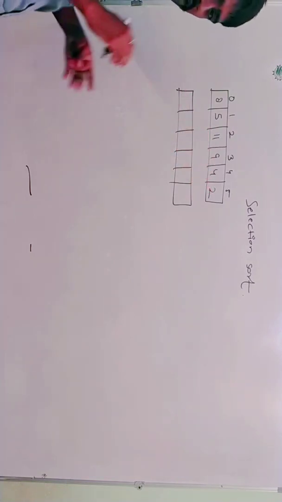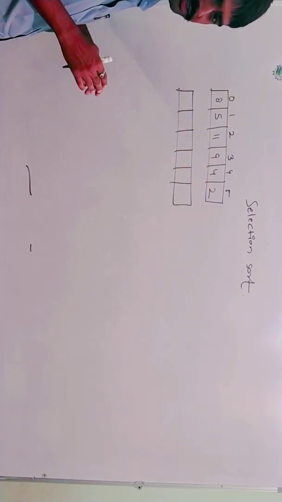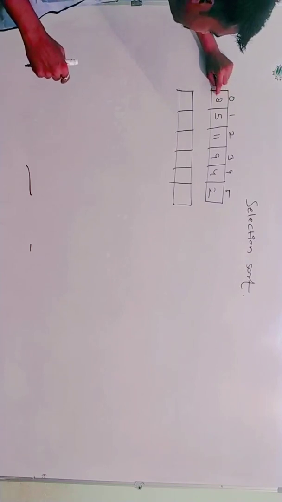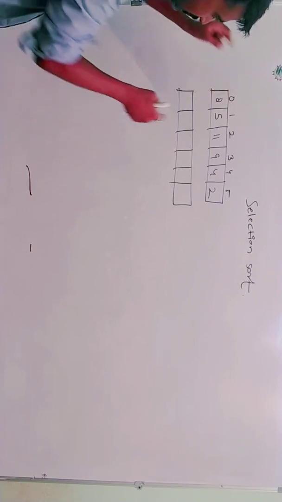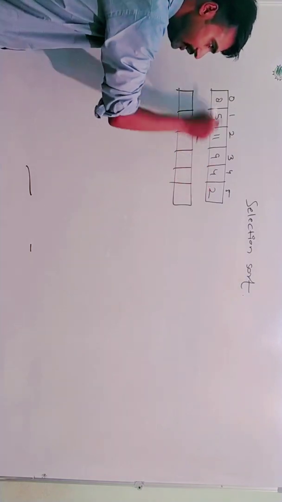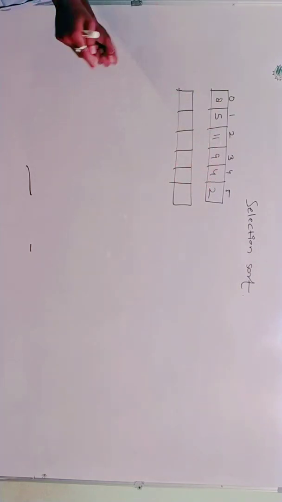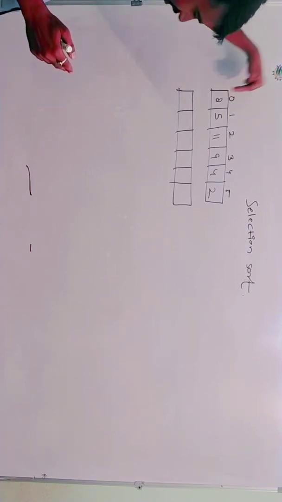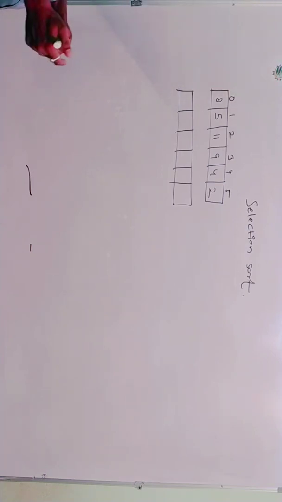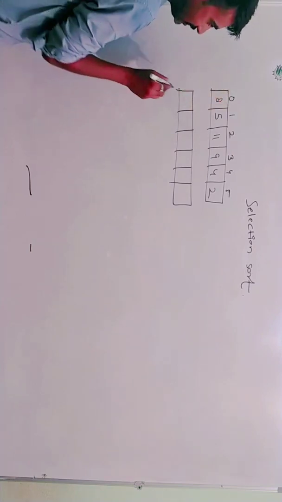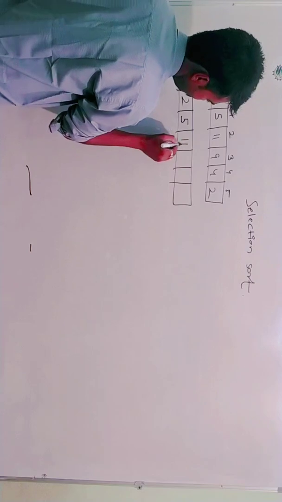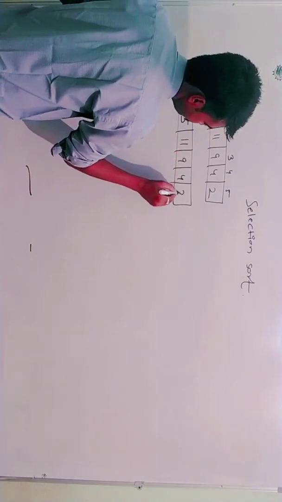Now 2 will be swapped with the first index element, meaning 8. The smallest element of the array will be swapped with the first element of the array, that is our 8. So 2, 5, 11, 9, 4, 8.